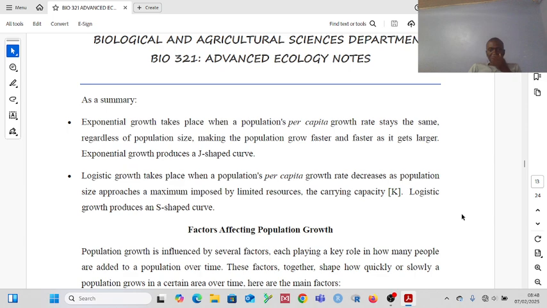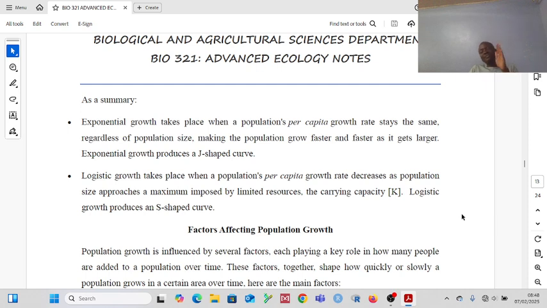But in the logistic growth, the opposite happens. The growth rate will decrease upon nearing the carrying capacity, because there is a limitation of resources and an increase in the accumulation of waste.